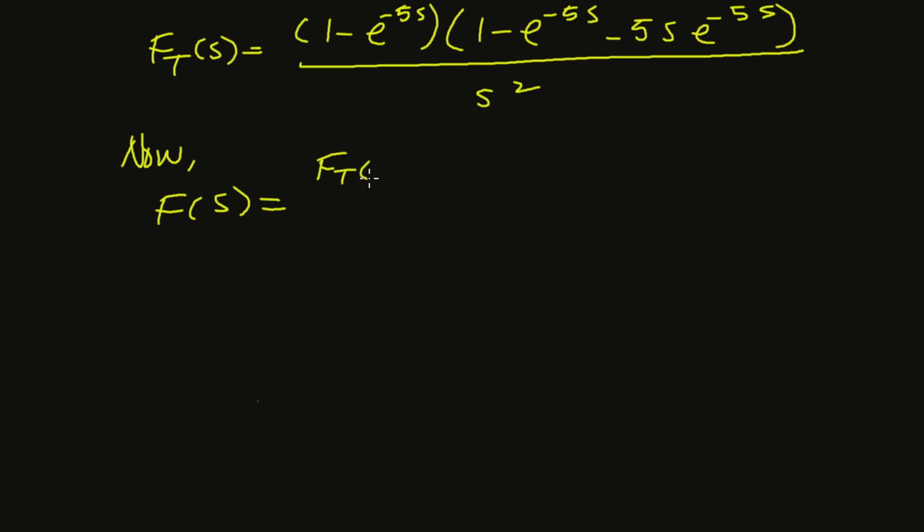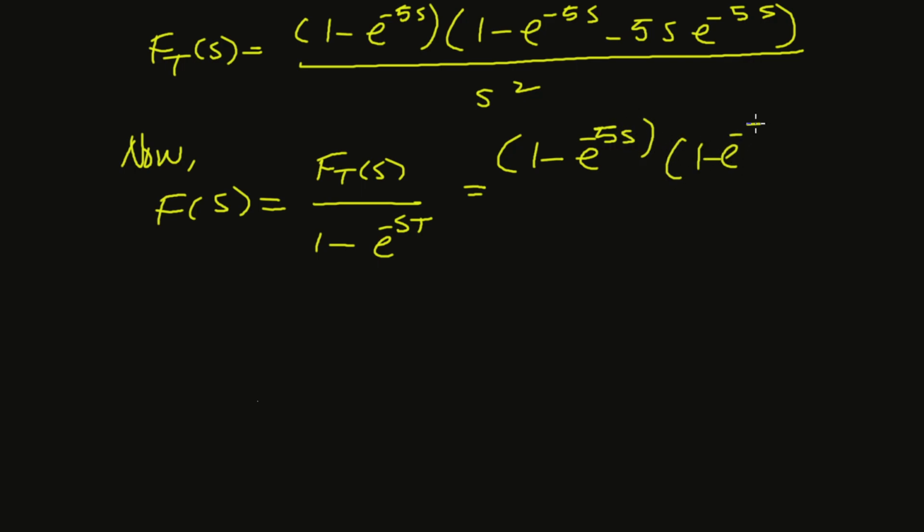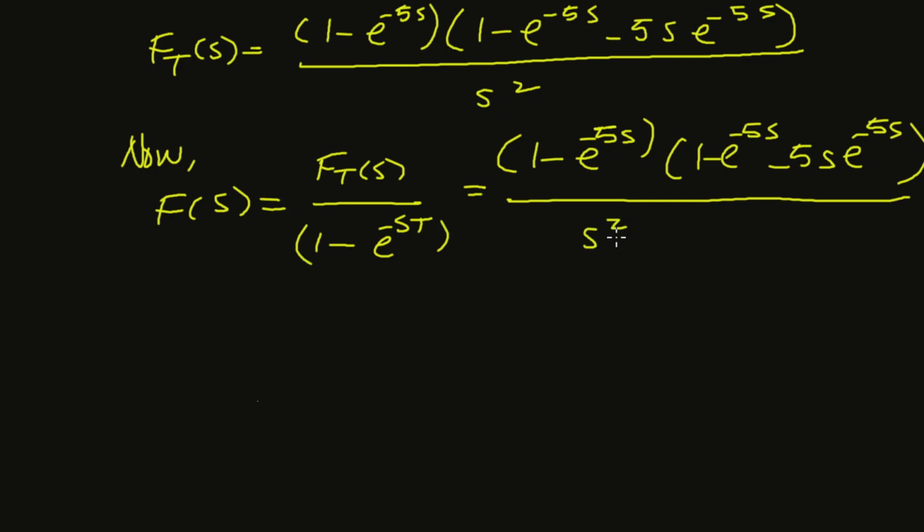At the beginning I gave you the formula, and T here is 10, so it is what we found all over s squared. Now it's over this thing, 1 minus the exponential of big T, which is the period, which is 10, times s.